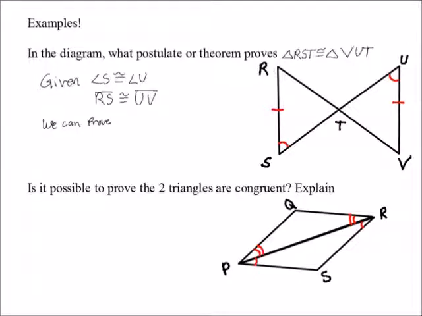No, because we don't know that these lines are parallel. We can't use alternate interior angles. But we can prove that angle RTS is congruent to angle VTU.